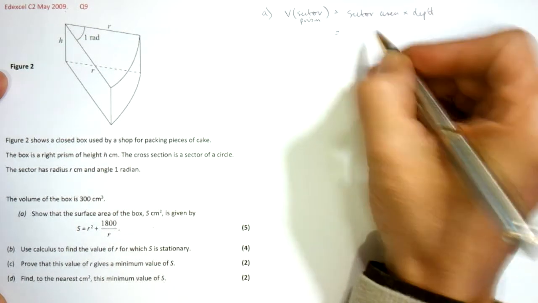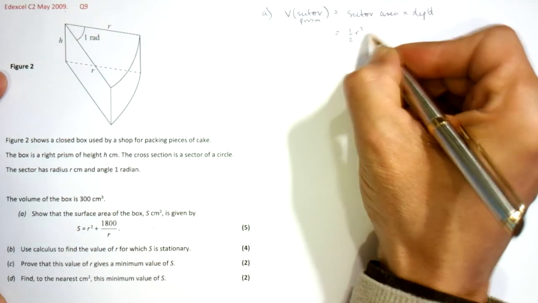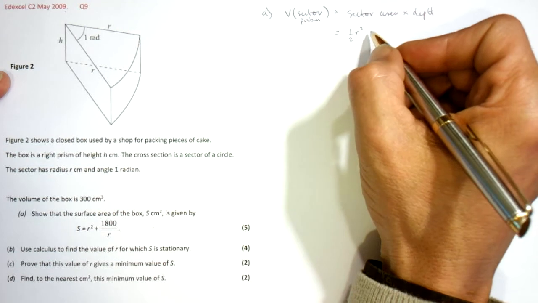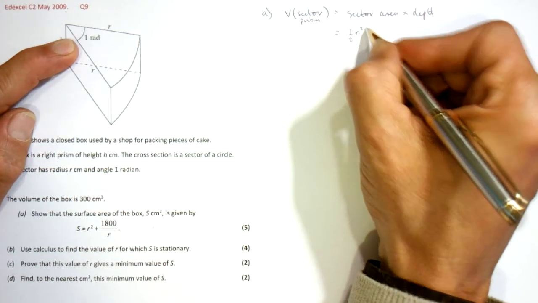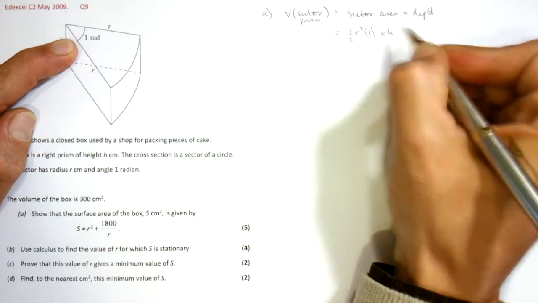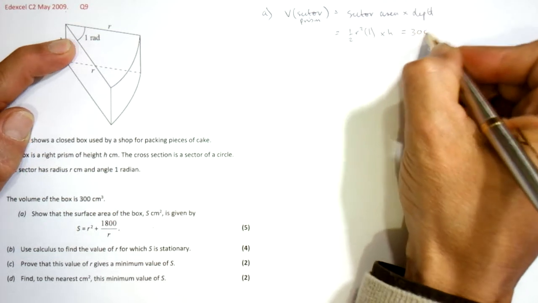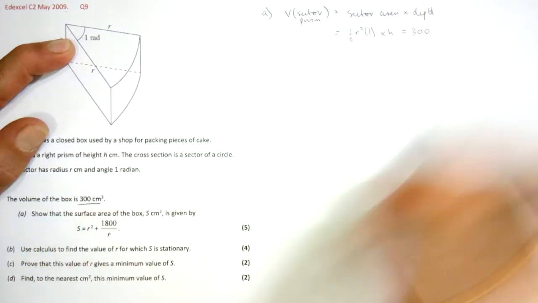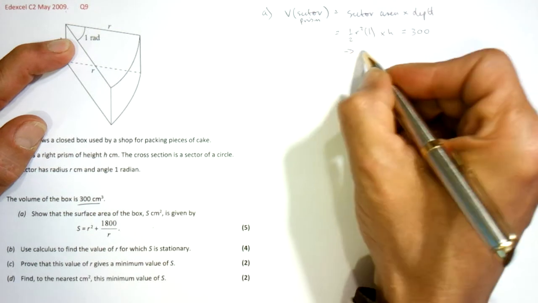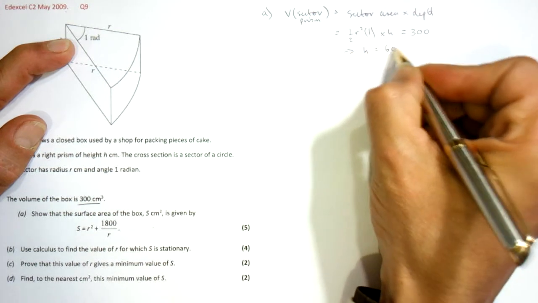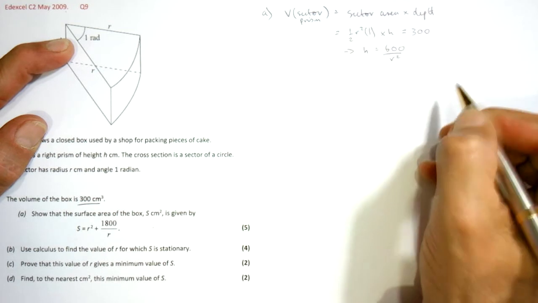The sector area is half r squared theta. Theta is 1, times h. That's equal to 300 because we've got the number there, and that gives us that h is equal to 600 over r squared.